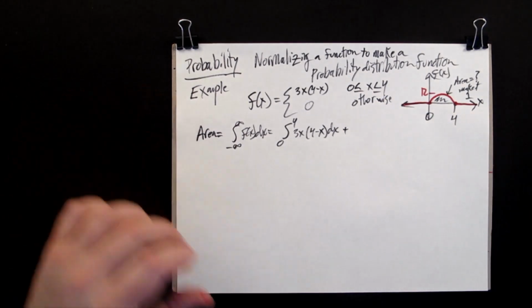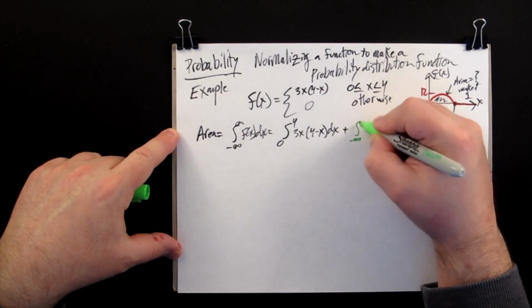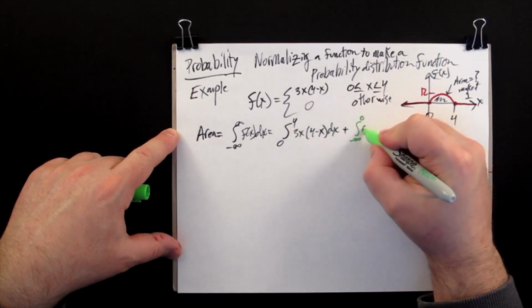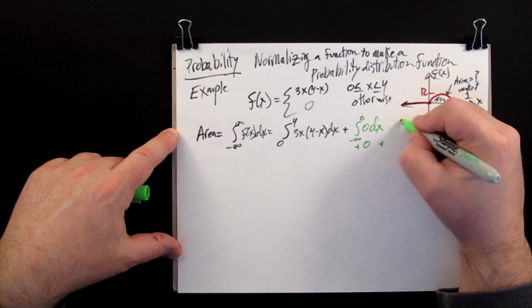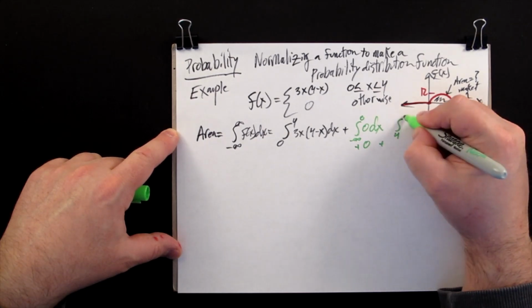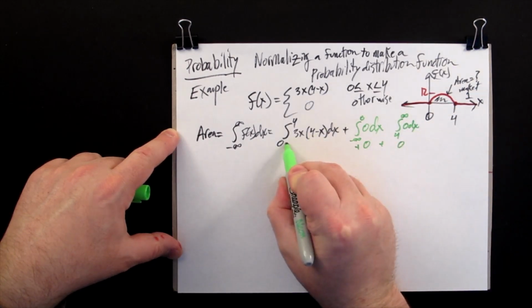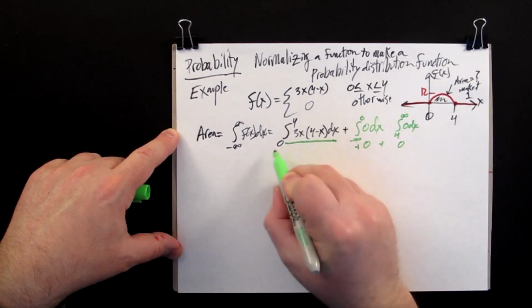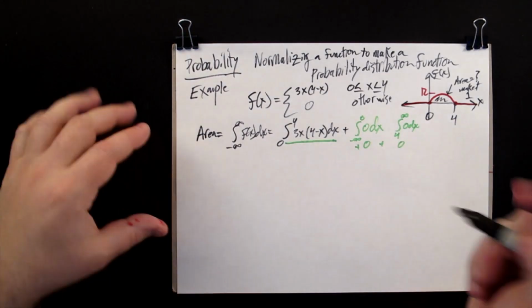These other two pieces are going to end up being 0. From negative infinity to 0, our function is 0, so that one's just going to drop out. Similarly, from 4 to infinity, our function is also 0, so that one is dropping out. So the only piece that's contributing anything is this one. That's the one we're going to pay attention to for the rest of this computation.